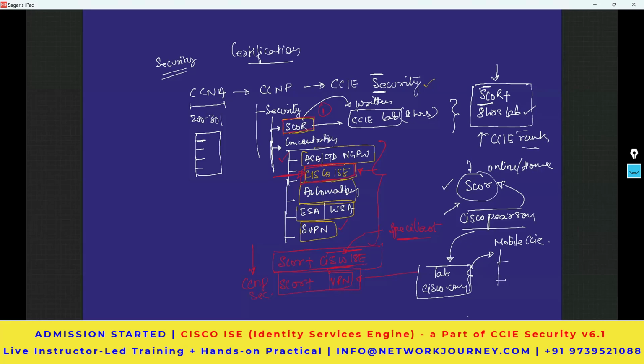Either you bring your own device, BYOD, bring your own laptop, your own mouse, keyboard, and attempt the exam in these mobile centers. There are now closely 30 to 40 different mobile centers. Apart from those full-fledged lab units, there are mobile services nowadays, mobile CCIE campuses. You can bring your own laptop and write the exam.